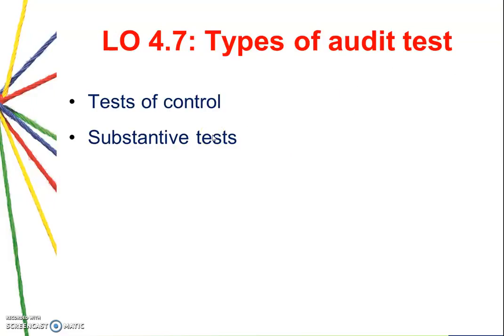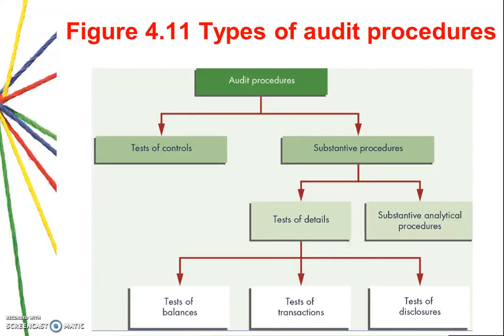There are two types of substantive tests: substantive test of transactions and substantive test of balances. Our substantive procedure will be divided into two: test of details or substantive analytical procedure.